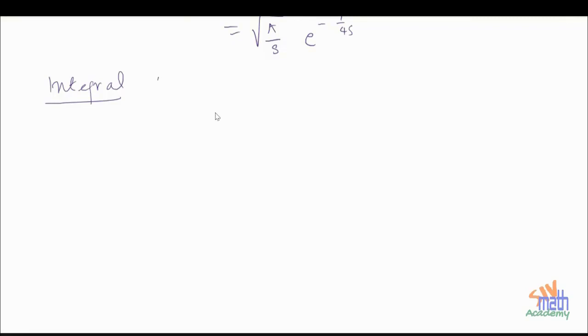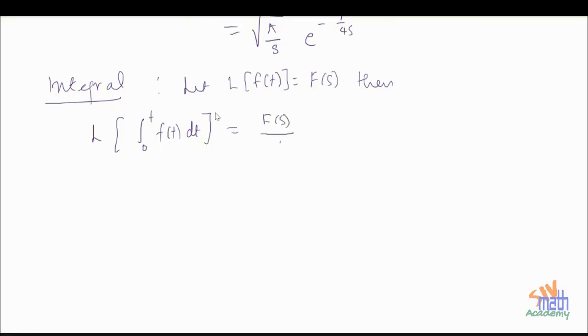So as usual, let me take L of f of t equal to F of s. Then L of the integral from 0 to t of f of t dt will be equal to F of s upon s.